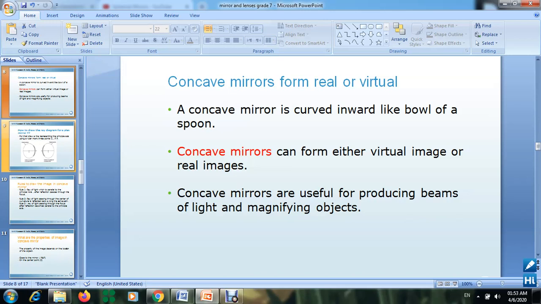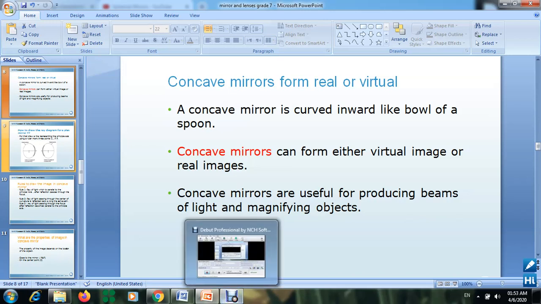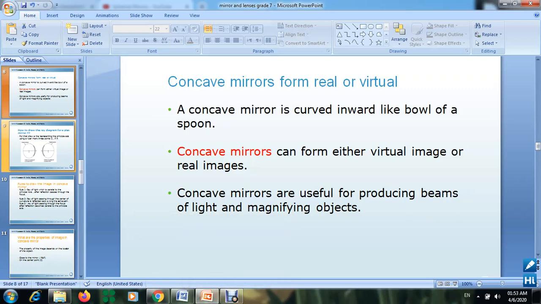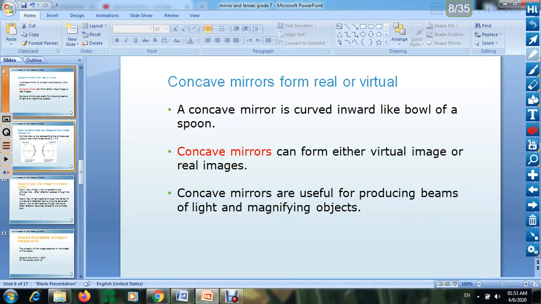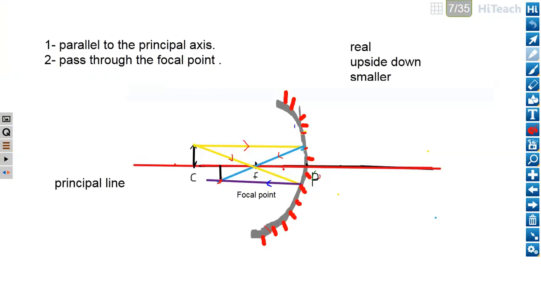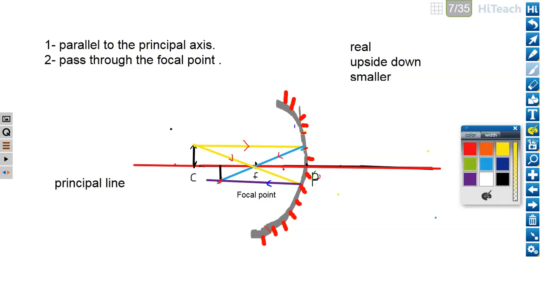If you have a source of light and you direct it toward the concave mirror, most of the lines will be parallel to the principal line.